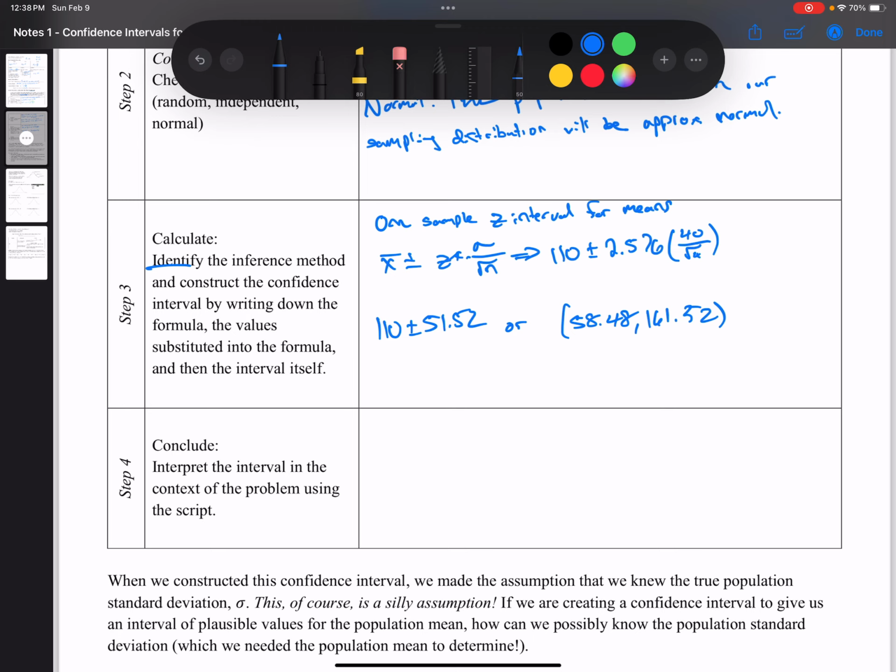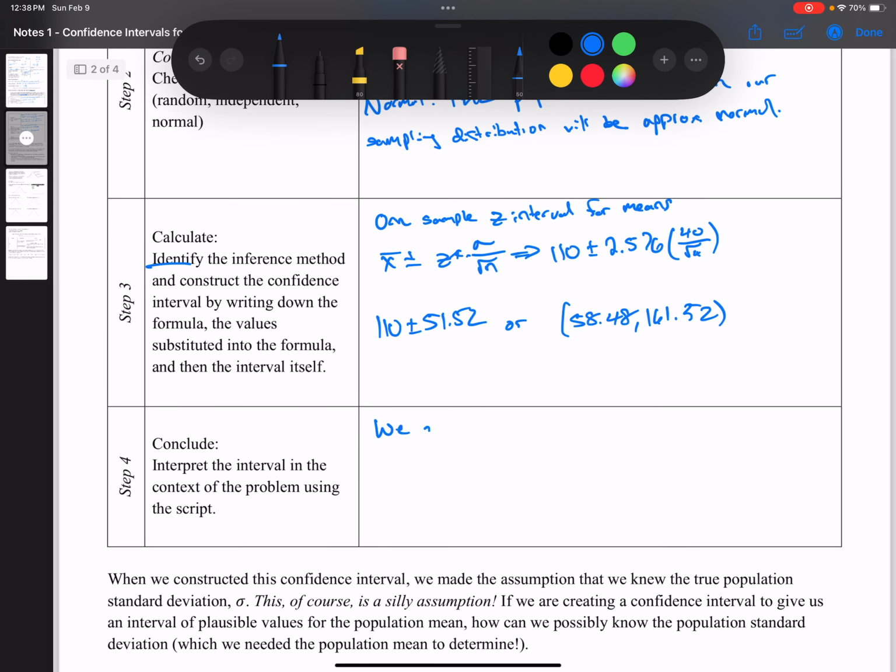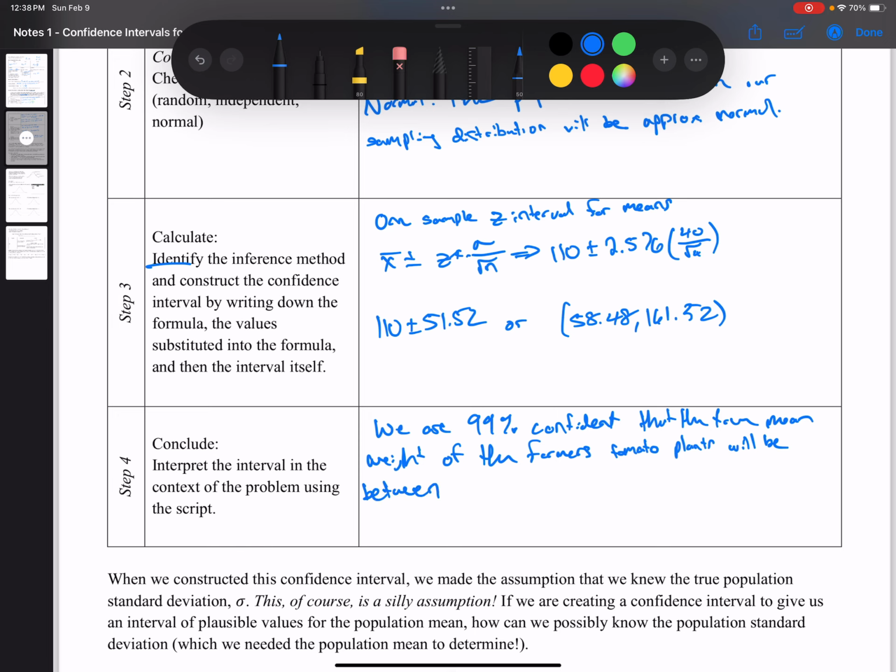When we're dealing with a confidence interval, we are 99% confident that the true mean weight of the farmer's tomato plants will be between 58.48 grams and 161.52 grams.